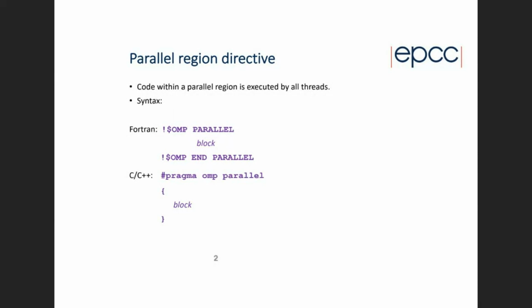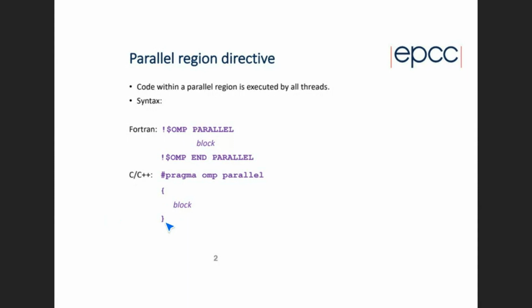For Fortran, $OMP parallel, and then a block of code, and then OMP end parallel closes the parallel region. For C or C++, it's hash pragma OMP parallel, and then a block of code in curly braces.